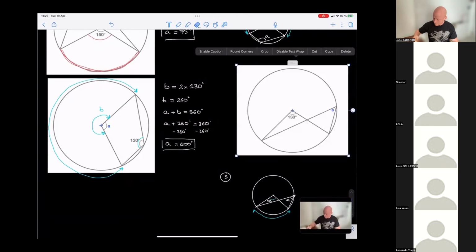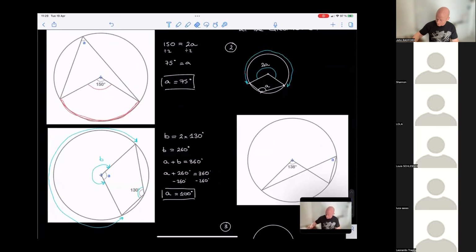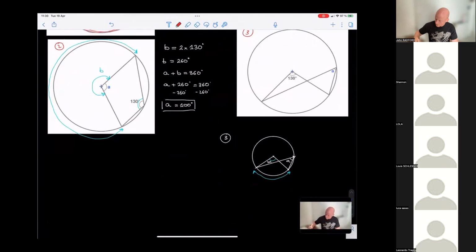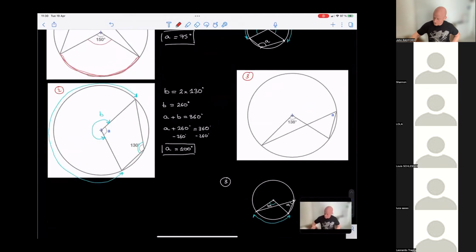If I now add this guy here, and I'll try and label these, let me say this is the first scenario, this was the second one, and this is, of course, the third scenario. Now, looking at this third scenario, I'm going to state the obvious each time. Here we're dealing with a circle, and you need to be thinking, what's the information I'm given here?